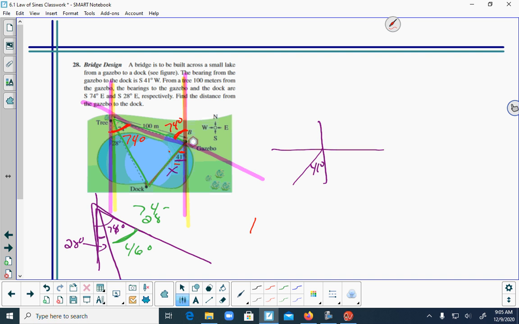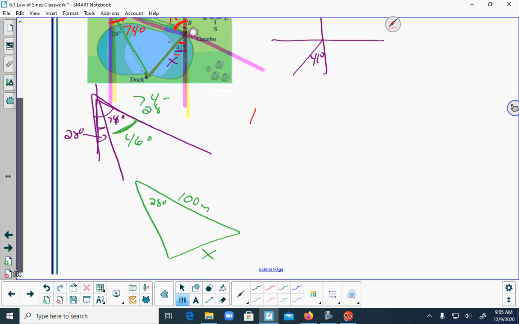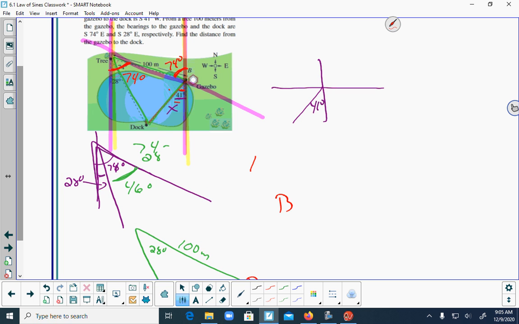So to find, where's my triangle that I'm making? Let's call this, I called this A before, let's call this B. To find angle B, I'm going to say 180 degrees minus that 74 plus 41. And when I do all that, I get angle B to be 65 degrees.